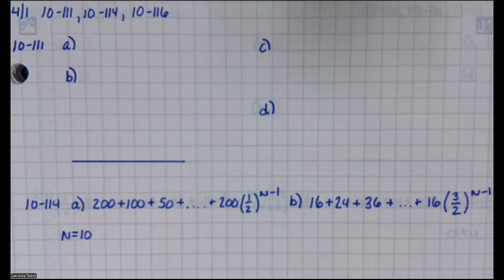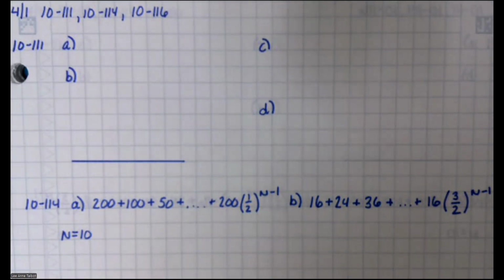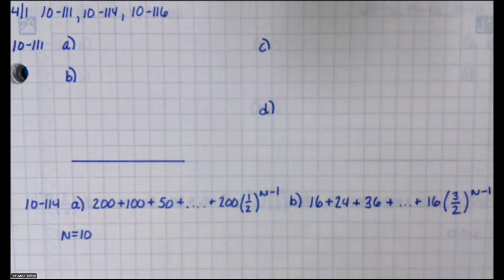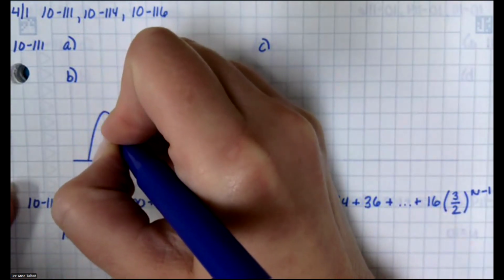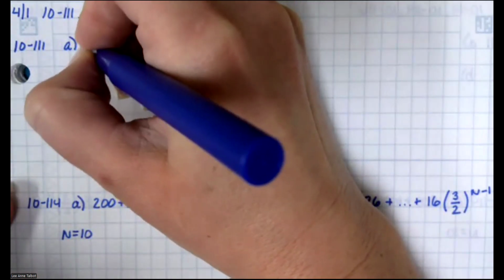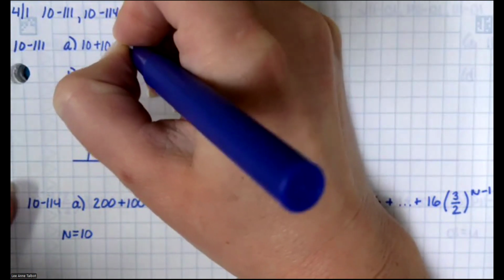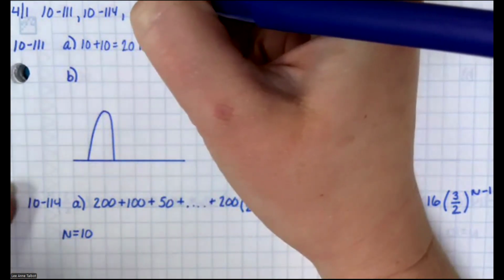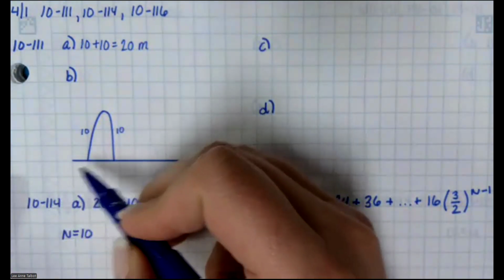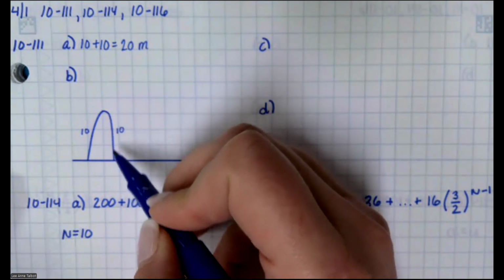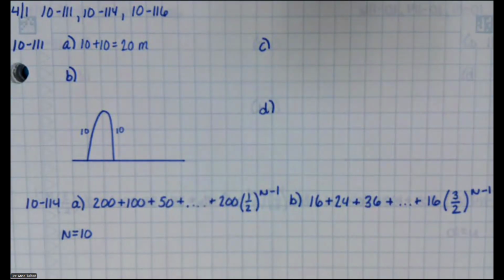I made this line on purpose. So bounce up 10, down 10. And then I made a little visual representation there.